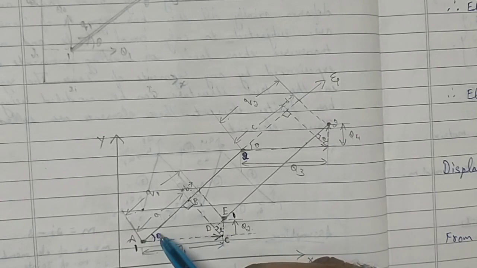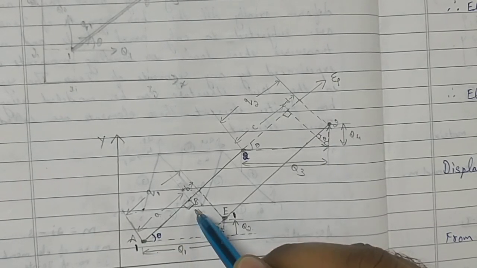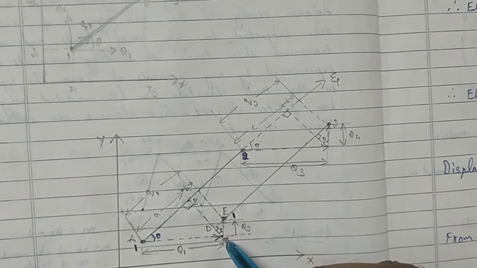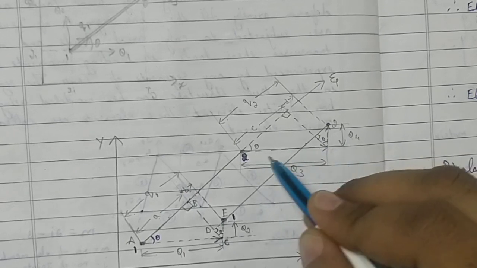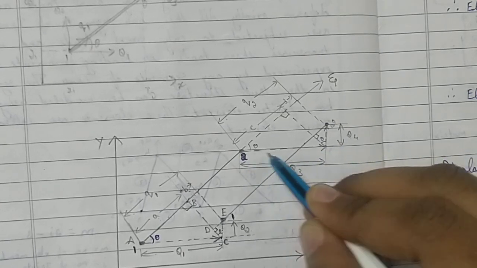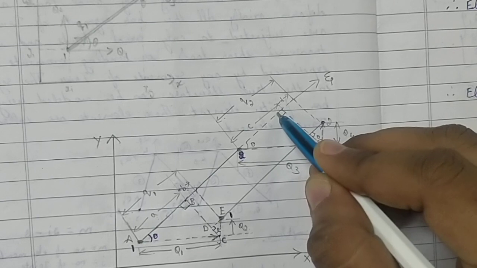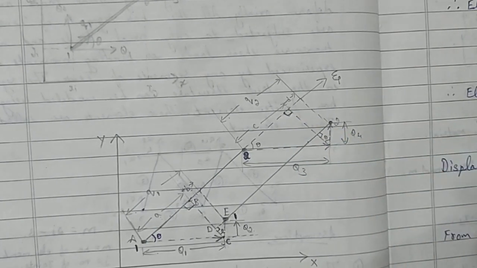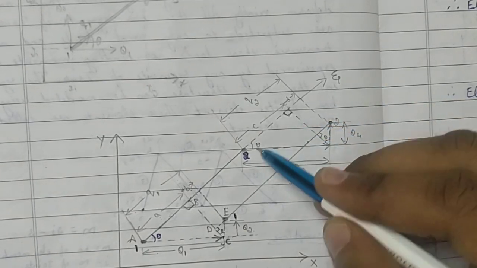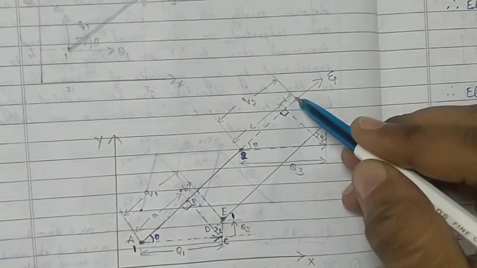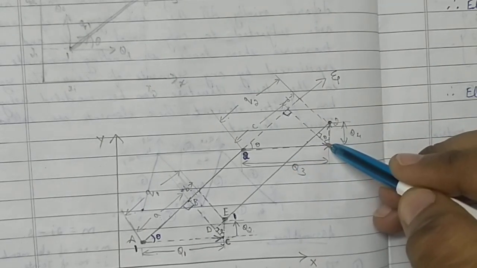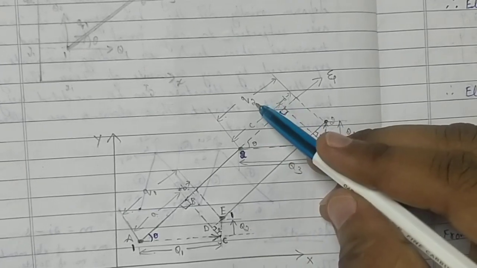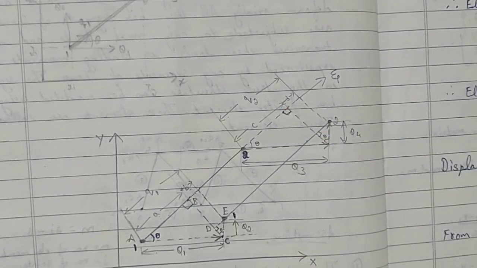Here you can see it is at an angle of theta, and this is 90 degrees, and even this is 90 degrees, and this is theta. Similarly, here it has moved through a distance of q3, the dotted line, it is at an angle of theta, this is 90 degrees, and even this is one more triangle, this is 90 degrees, this is theta. From here to here it is c, and here to here it is d. Drop this dotted line here, and from here one more dotted line and drop it here, and you'll get c and d. So q2 is nothing but c plus d.